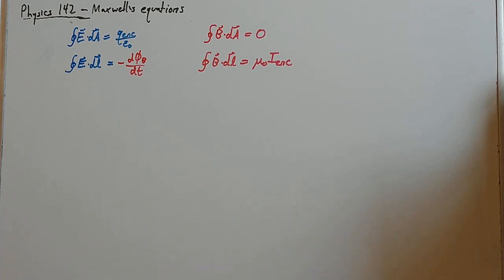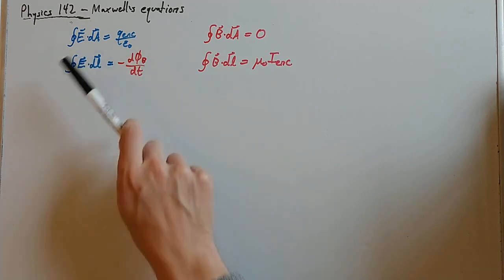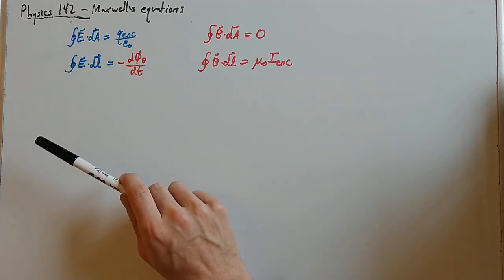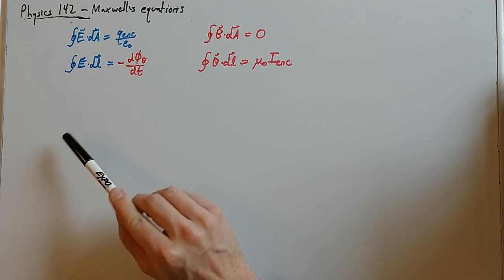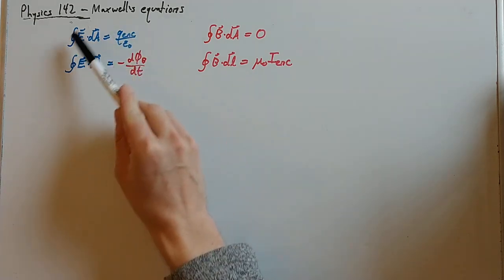In electricity and magnetism, what are the things that we've talked about so far, sort of in summary? Well, we started with the idea that charges create electric fields. We had several ways of writing this, but one of the ways was through Gauss's law.